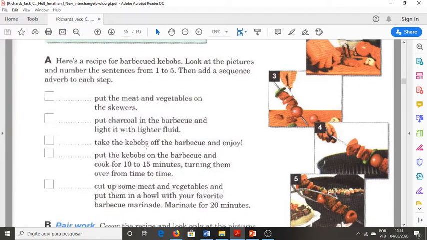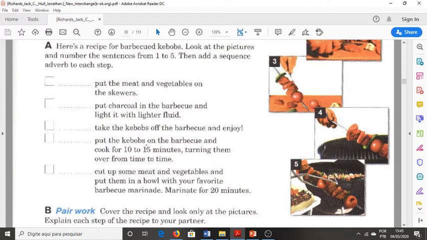And then there is a controlled practice, which is a recipe, but the recipe is already here. They have only to match the sentences with the pictures. So they have to match, and this is input language and controlled practice.